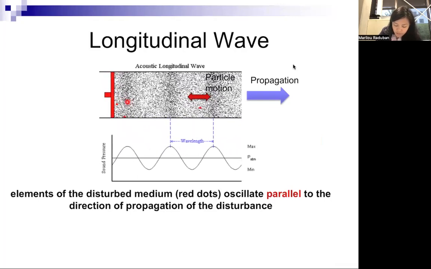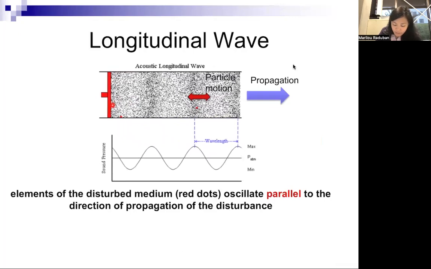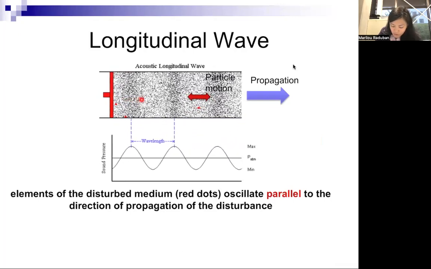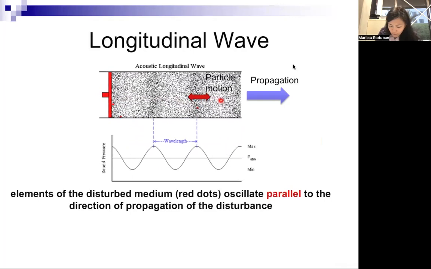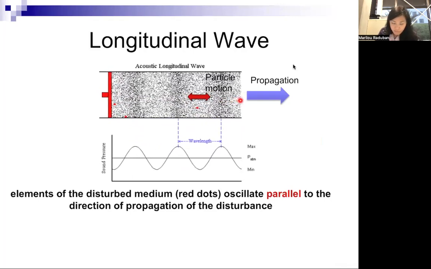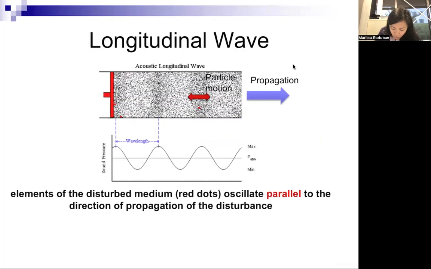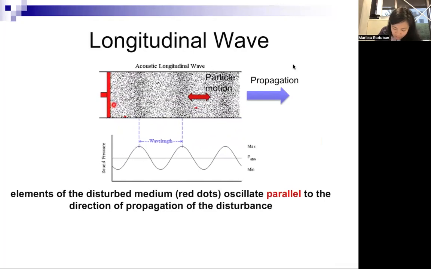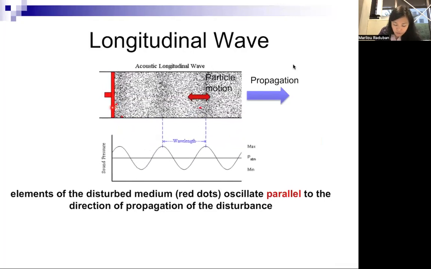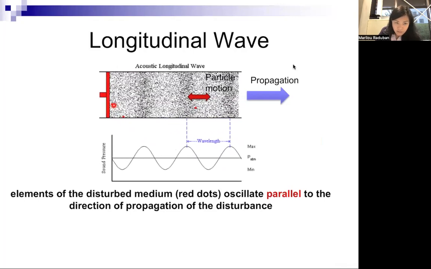That disturbs the air molecules in the column, and the disturbance propagates through the air column to the right. Again, the red dots represent the particles that are oscillating in the air column.